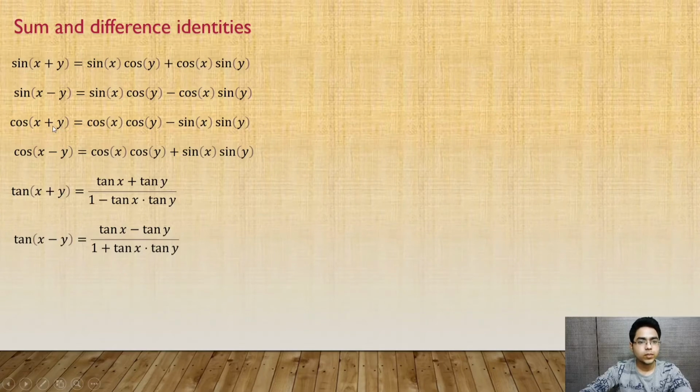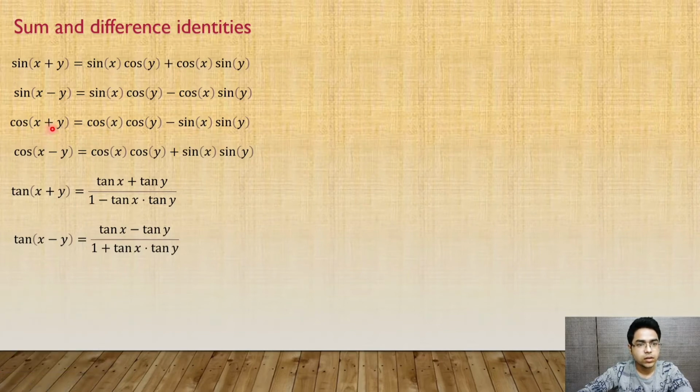For cos of x plus y, the formula will be cos of x into cos of y minus sine of x into sine of y. Now for the cos formula, cos x into cos y will come here, and then a negative sign for a positive sign in the bracket. Here it is mentioned in the bracket.